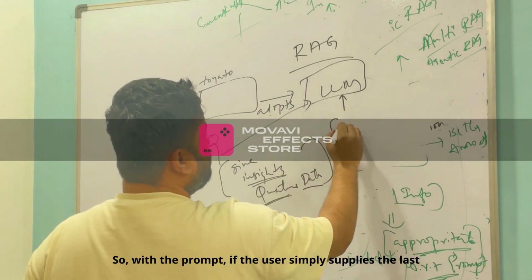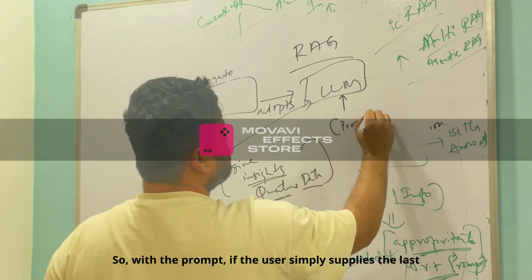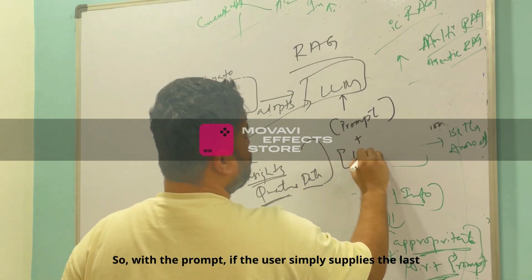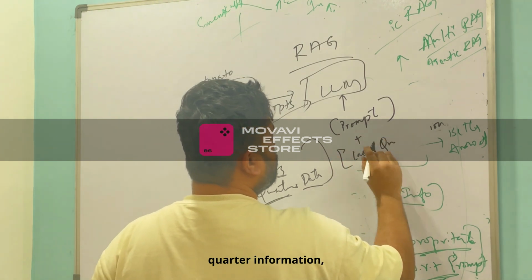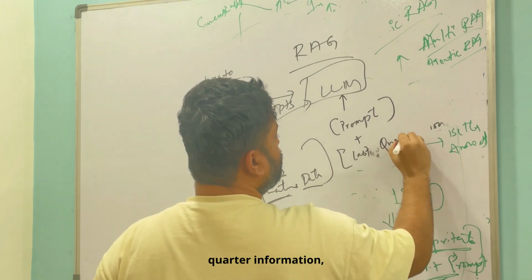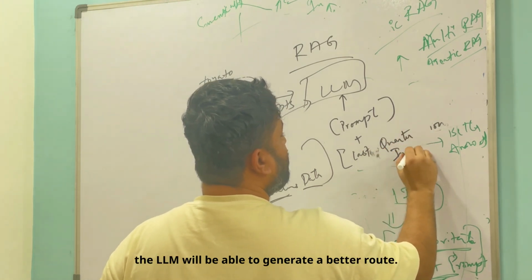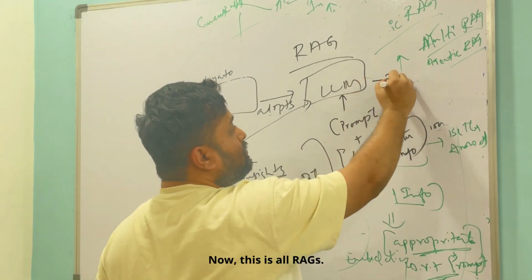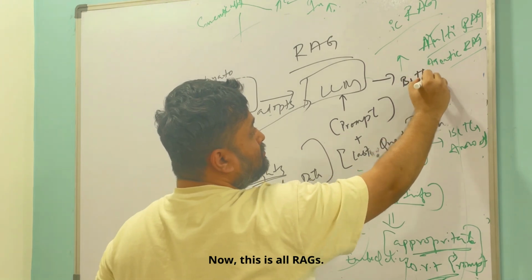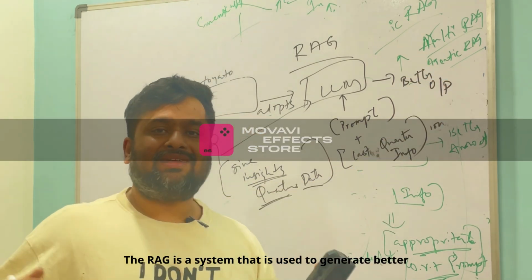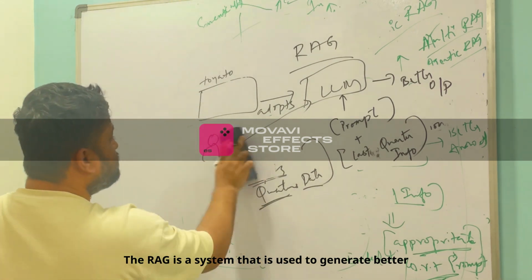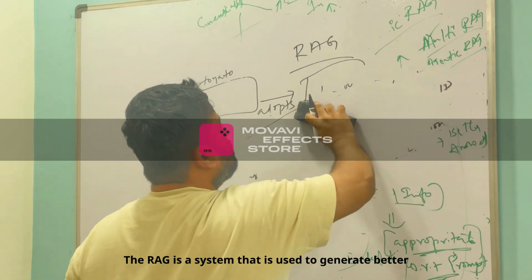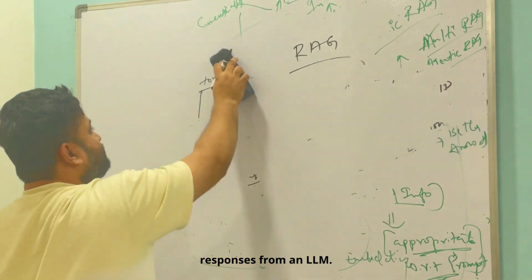So with the prompt, if the user simply supplies the last quarter information, the LLM will be able to generate a better output. Now, this is all RAG is. RAG is a system that is used to generate better responses from an LLM.